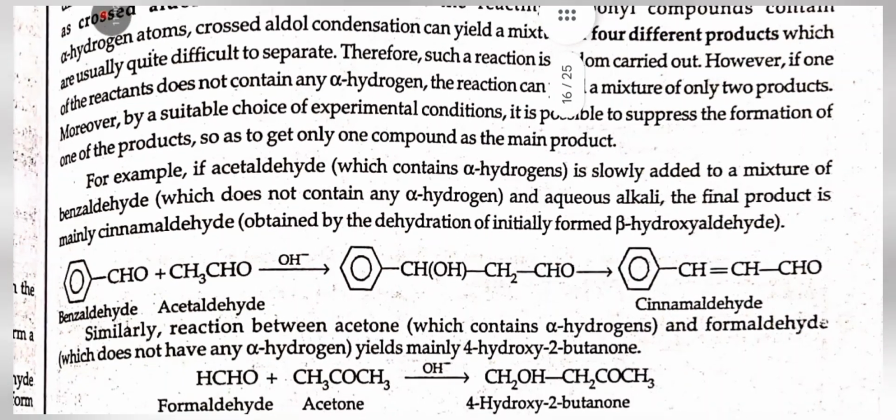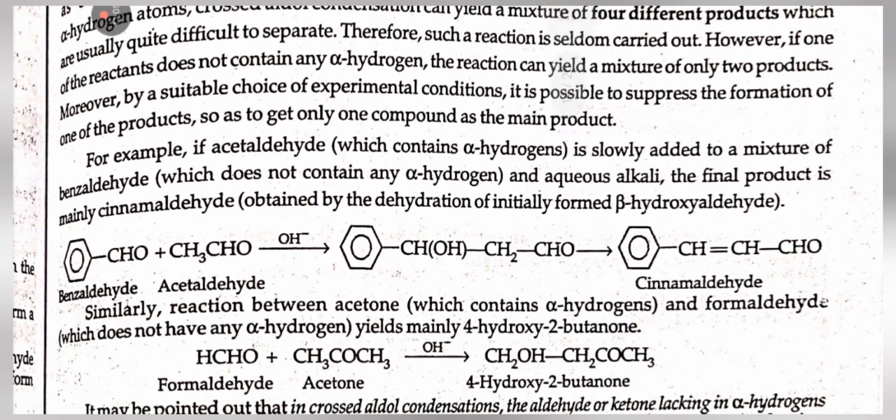However, if one of the reactants does not contain any alpha hydrogen, the reaction can yield a mixture of only 2 products. Moreover, by a suitable choice of experimental conditions, it is possible to suppress the formation of one of the products so as to get only one compound as the main product.